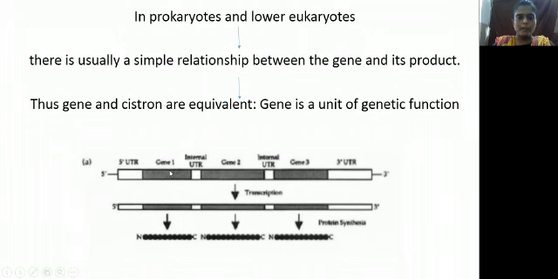So this DNA is transcribed to produce RNA, and that RNA is further translated to produce protein. So directly one gene produces one protein, the second gene produces a second protein. So the gene is directly proportional to the product produced. That is why this gene is called cistron.